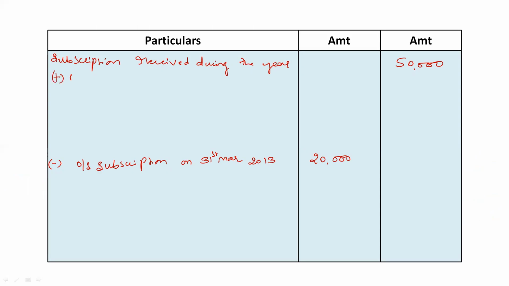So we will add outstanding subscription at the end of 2013-14. We can take it in this form. It is how much? Rupees 6,000. We'll take the amount here in the inner column, 6,000.